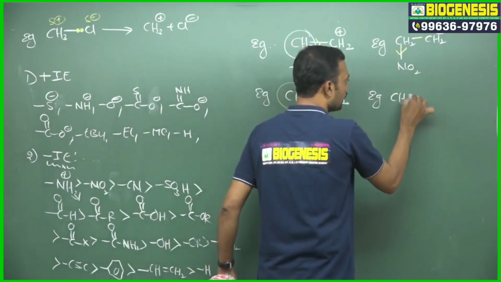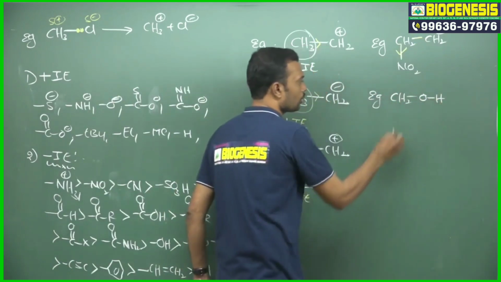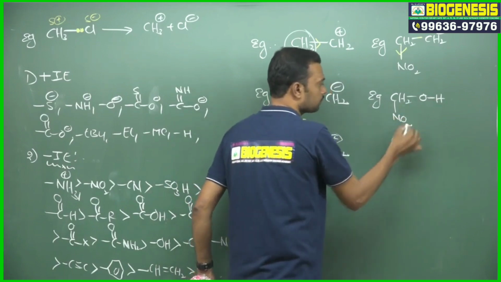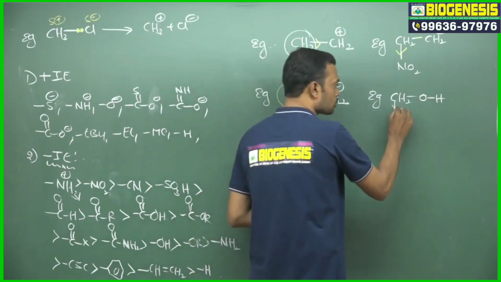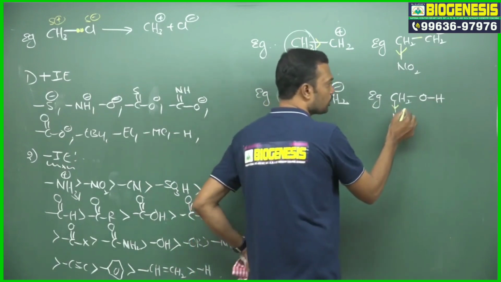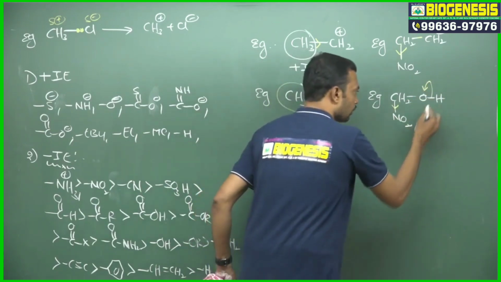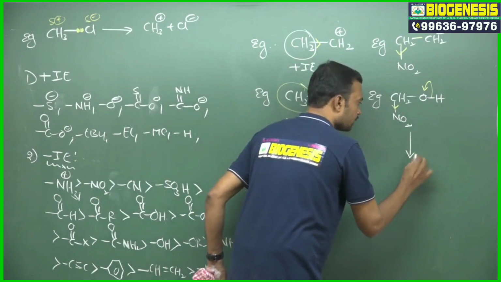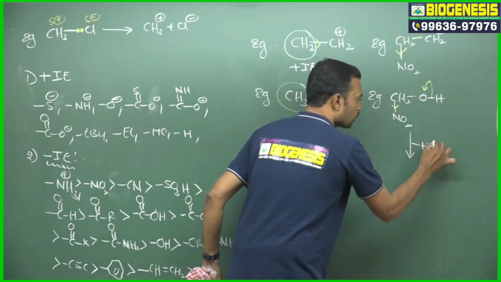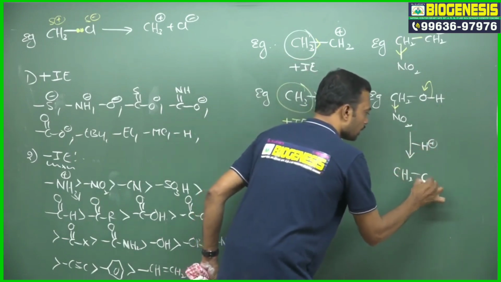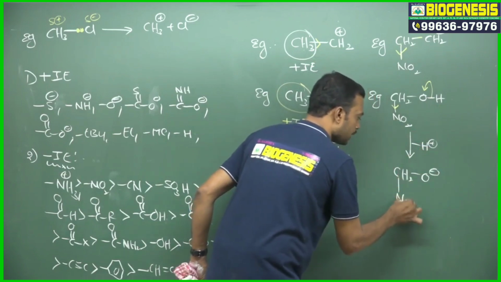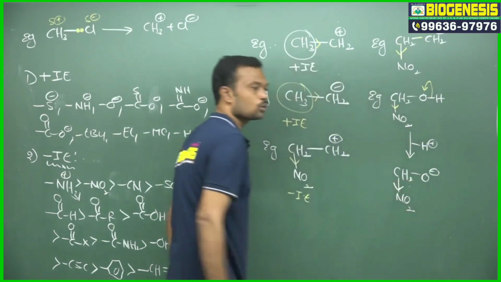Suppose, see, if I take any alcohol, this is an alcohol. Now what is the role of nitro group here? Nitro group withdraws electrons. Okay. When nitro group withdraws electrons, now see, the shared pair of electrons will migrate here. Once it is migrated, there is a loss of proton. After losing proton, you will get an anion and this anion gets stabilized by nitro group like this.